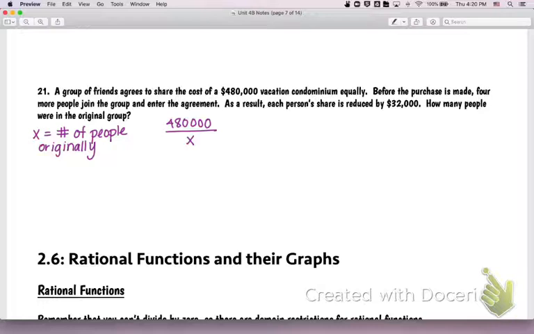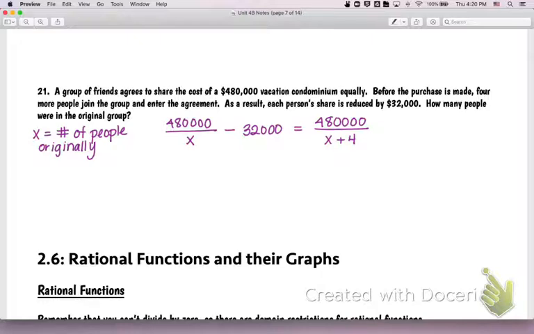But that number goes down by 32,000 because that is equal to, now what happens if you take 480,000 and instead of dividing it by the original X number of people, we divide it by X plus 4 because 4 people joined in? That's the equation that we want to set up.